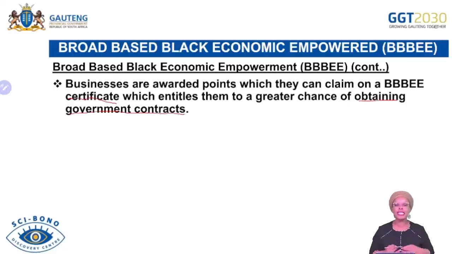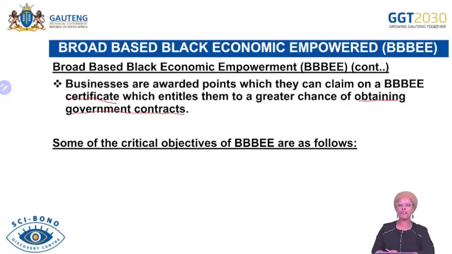Some of you call them the government tenders. Yes, if there's a government tender to supply food, to supply cleaning equipment, to build a bridge, or to build RDP houses, if your business has a Triple BEE certificate, it will qualify to obtain such contracts. That's one of the benefits of Triple BEE.